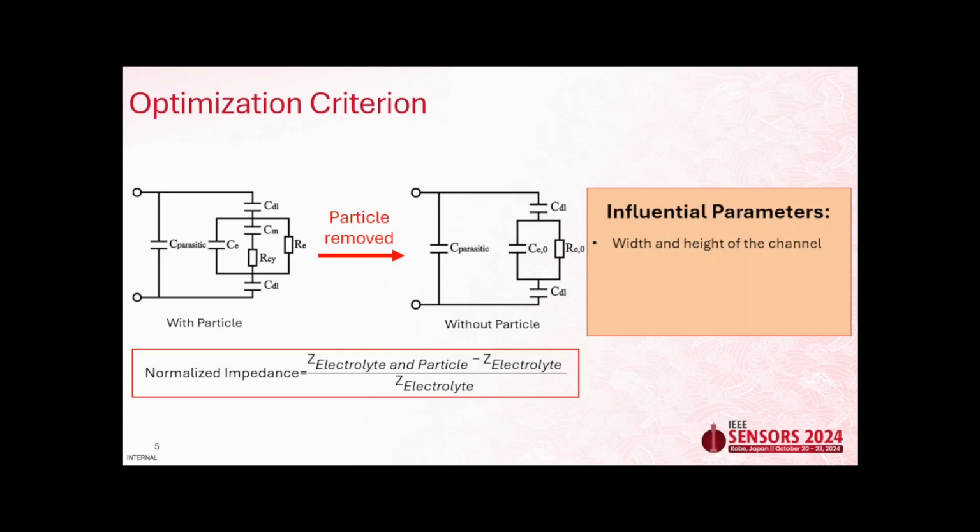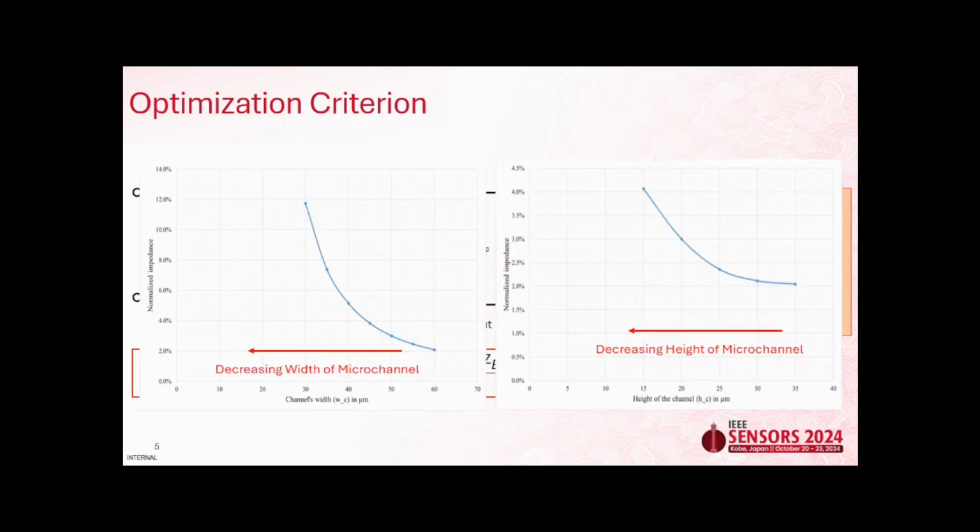So the first thing was the dimensions of the microchannel, width and height. I did a study and saw, as was a little bit clear to me, that with decreasing the height and width, so the dimension of the microchannel, my normalized impedance will increase.